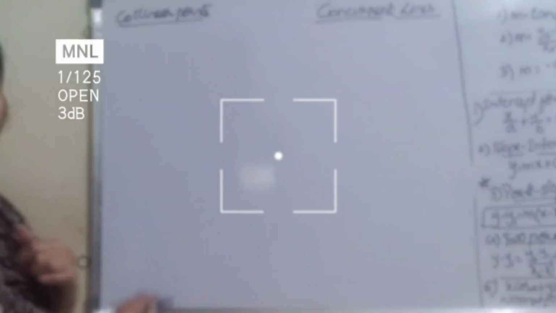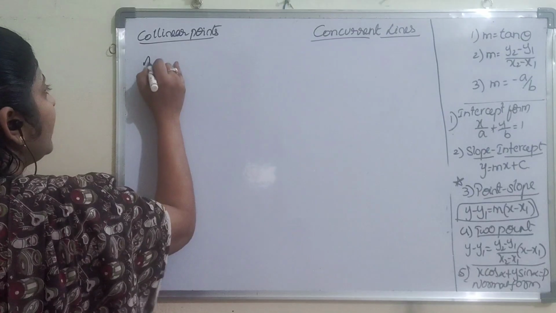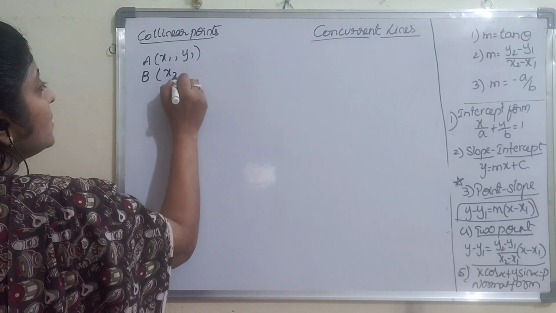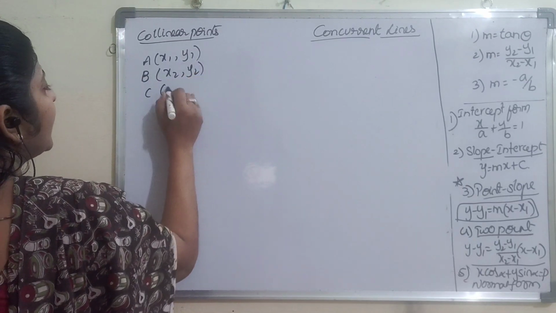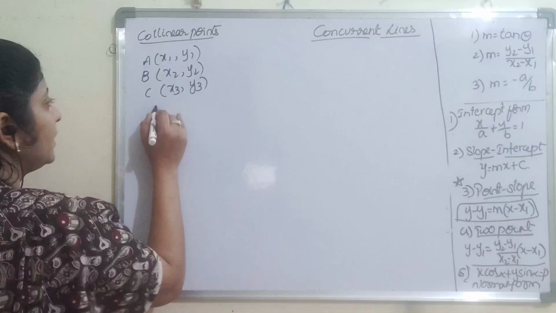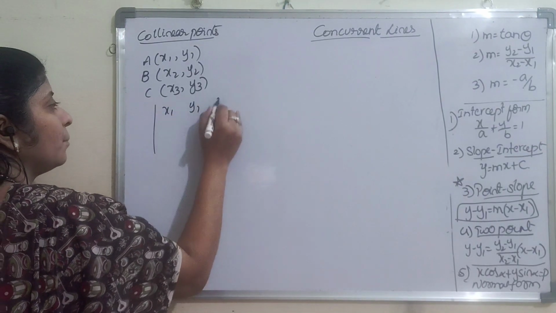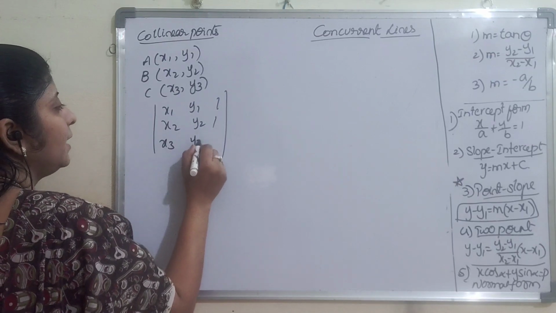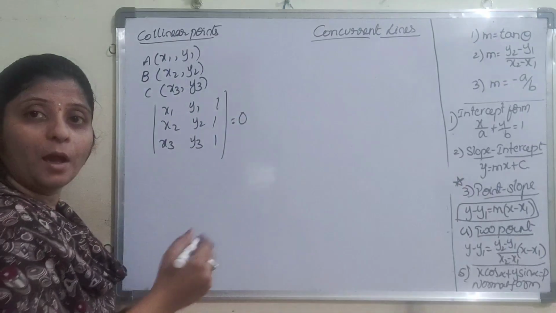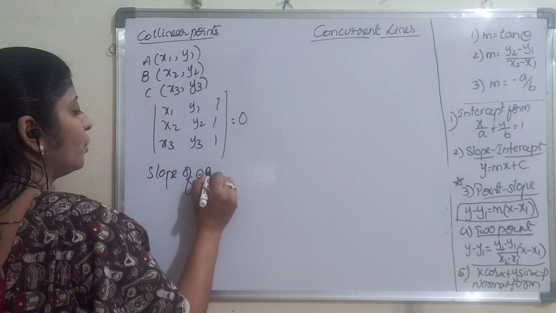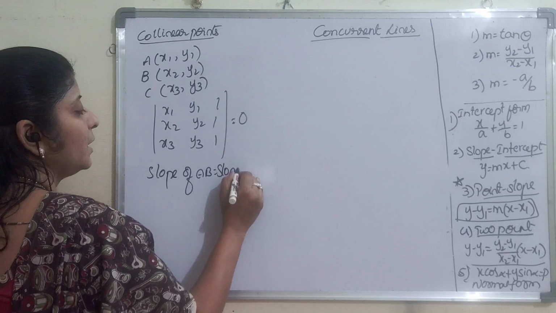So here, collinear points. If three points are collinear, collinear means three points lie on the same line. If these 3 points are collinear, you have to take the determinant with rows x1, y1, 1; x2, y2, 1; x3, y3, 1 equal to 0. Or you can simply say slope of AB equal to slope of BC.